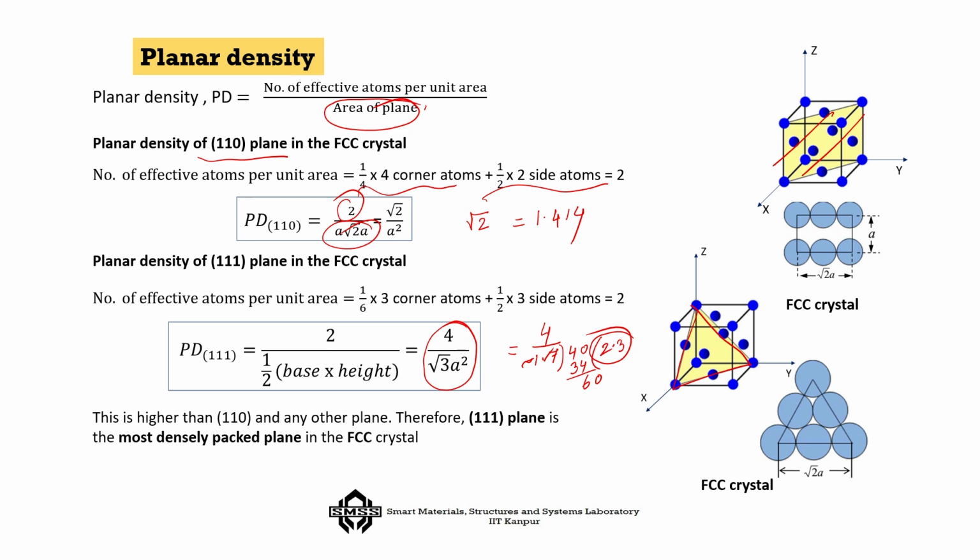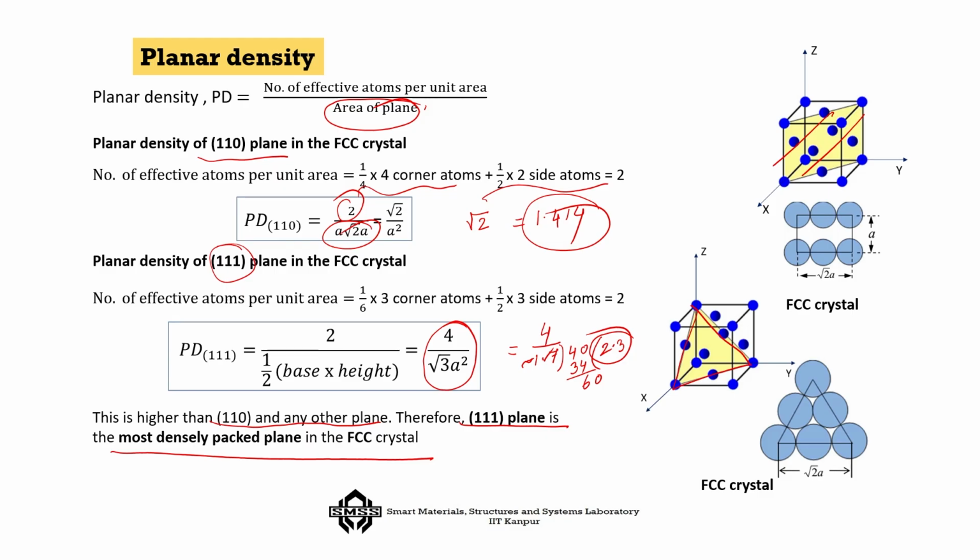The reason I am doing this calculation is that you can now see that the planar density of the 111 plane is greater than the planar density of the 110 plane for an FCC structure. So, this is higher than 110 and any other plane. Therefore, the 111 plane is the most densely packed plane in the FCC crystal.